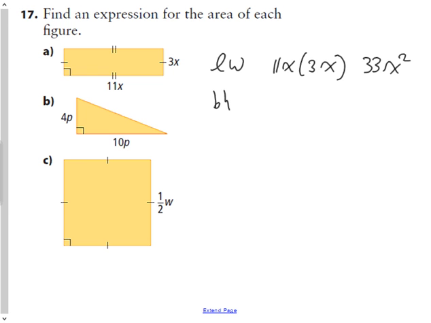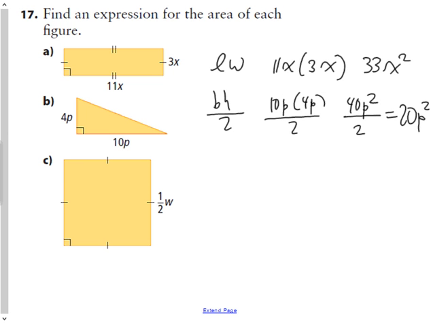It's base times height divided by 2, or 10p multiplied by 4p divided by 2, or 40p squared divided by 2, which is 20p squared as an area. Right, half of 40p squared would be 20p squared.